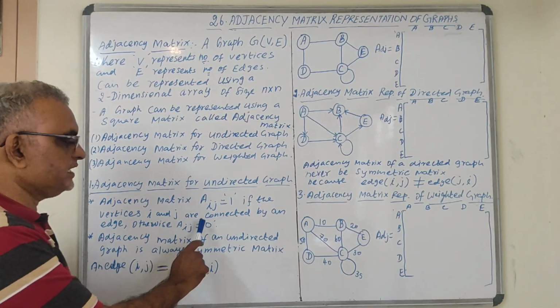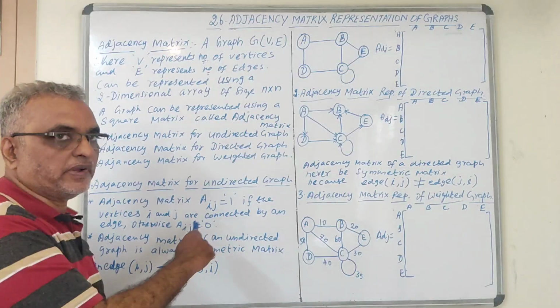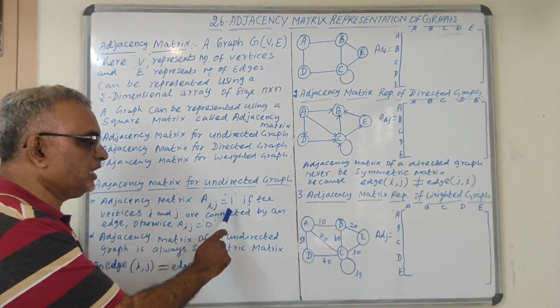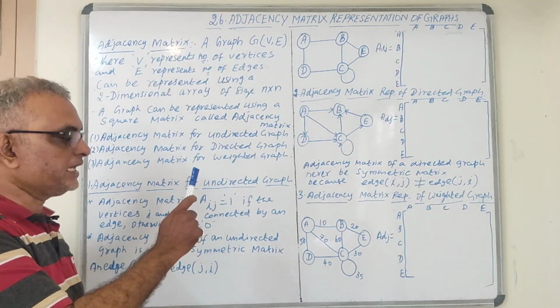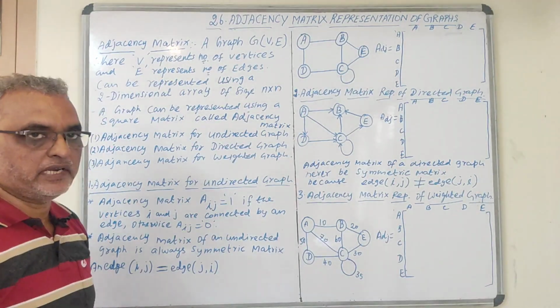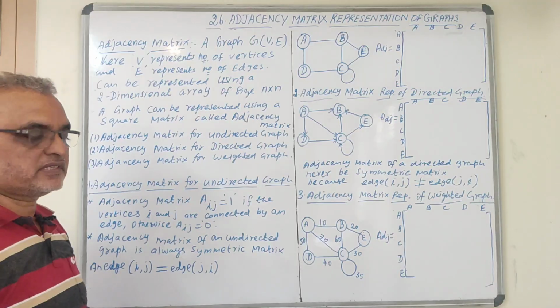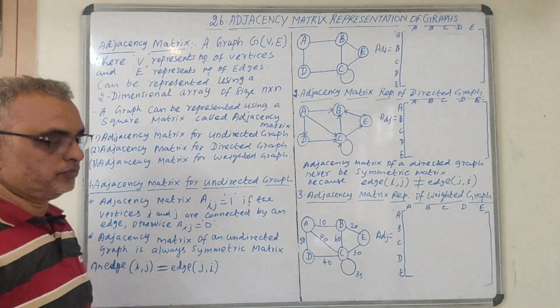Otherwise, A[i][j] is equal to 0. We use this binary representation: if the connection exists, it is indicated by the binary value 1. If there is no connection between the vertices, it is indicated by 0.